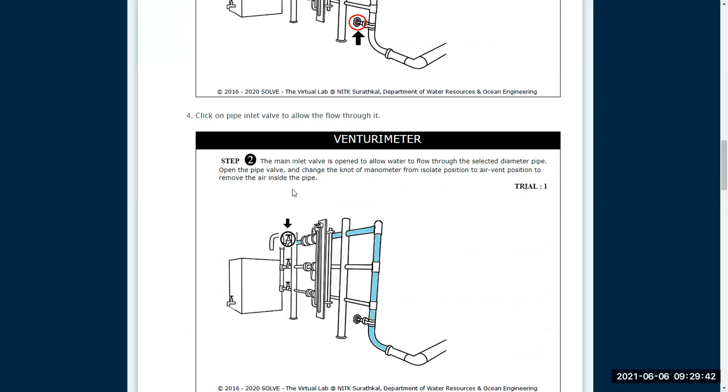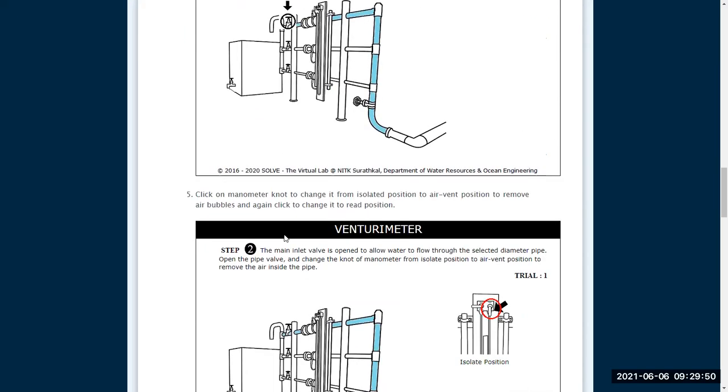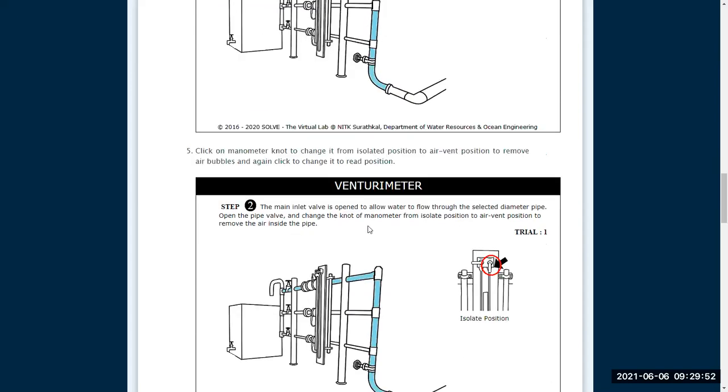You should open that valve, and when you open it, the water will flow through that particular pipe. The venturi meter is fixed to a manometer, as you can see here, to measure the pressure difference.